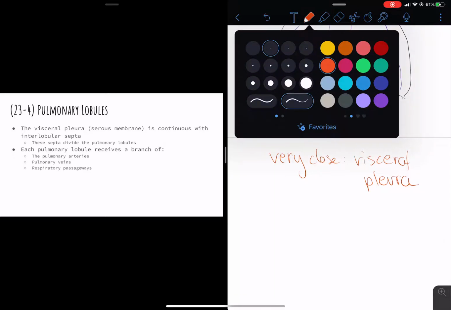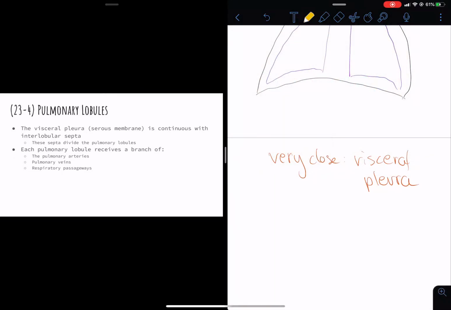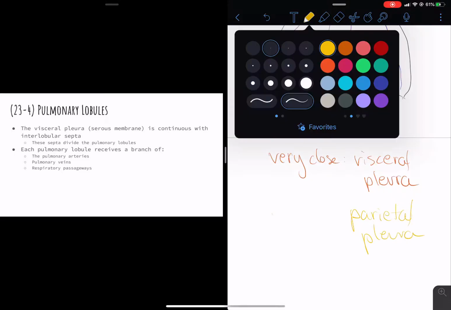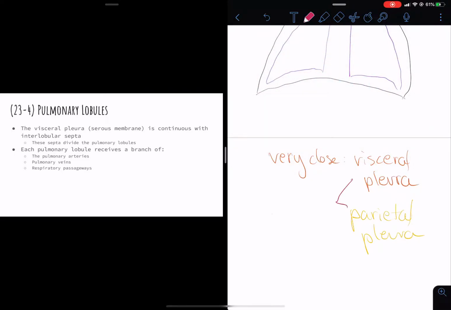And one is going to be, let's see, we'll do yellow, farther away, the opposite one, so the other one is going to be the parietal pleura. And in between the two, we're going to have a serous fluid.